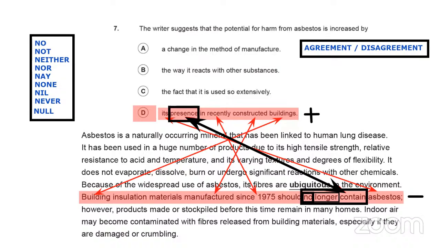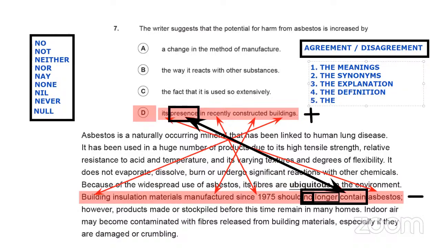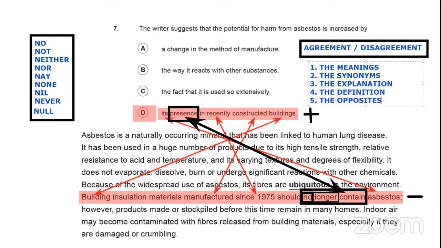Now, he may use different versions. Number 1, he will use the meanings, or he will use the synonyms, or he will use the explanation, or he will use the definition, or he may use the opposites, or he may use the antonyms.